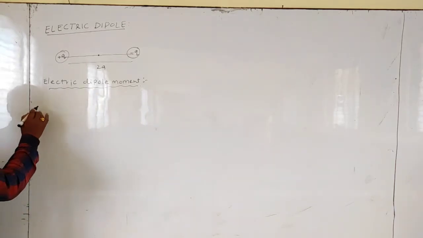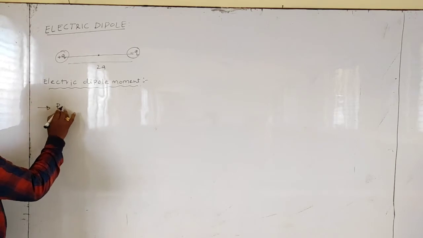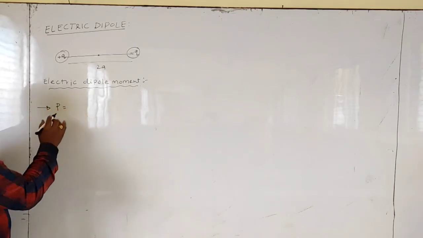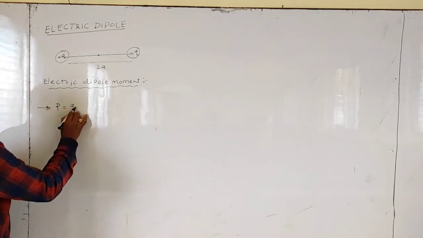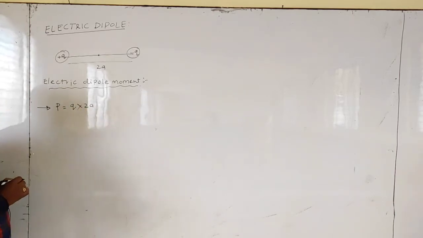Generally it is denoted by P, which equals the magnitude of either charge times the distance between the two charges.